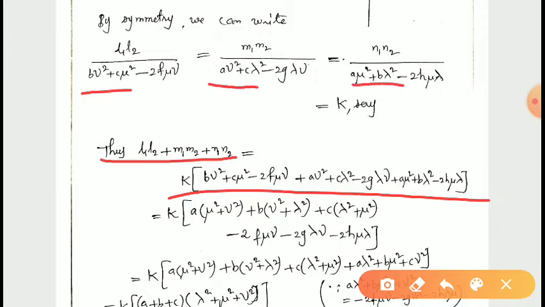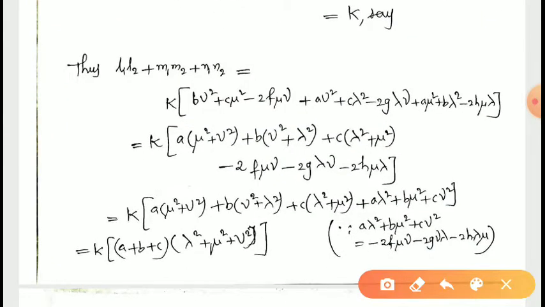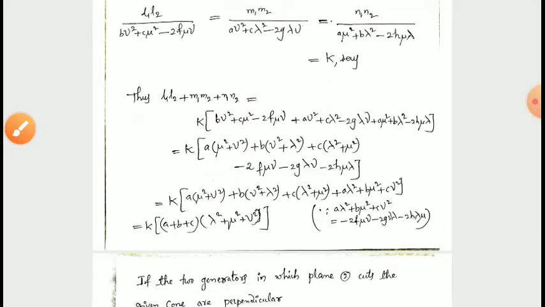This is equal to k into A into mu square plus nu square plus B into nu square plus lambda square plus C into lambda square plus mu square minus 2F mu nu minus 2G lambda nu minus 2H mu lambda. Therefore, see this.